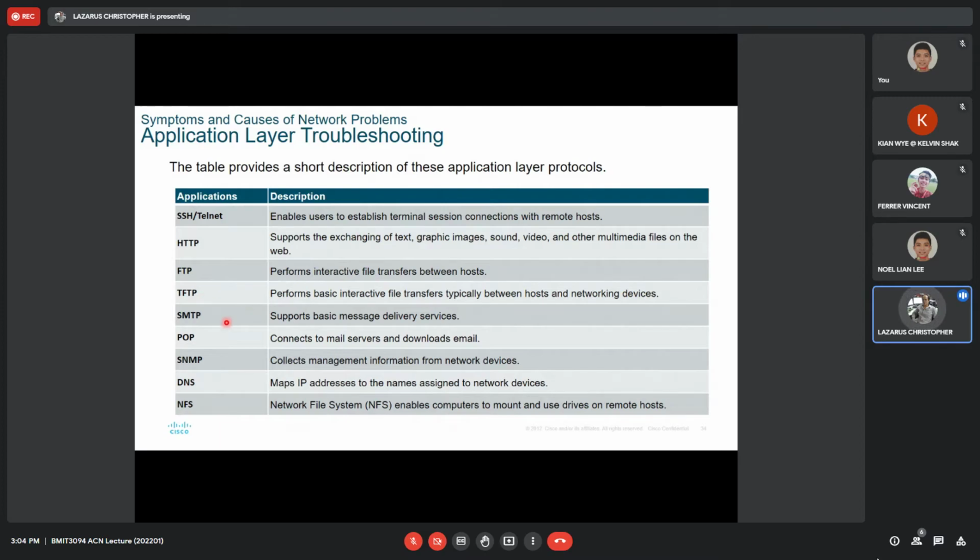SMTP is for sending email messages from your email client to your email server. So you need to know the specific port, and whether the server has an entry for your particular email user. POP, post office protocol, is for retrieving email from your inbox down to your email client. SNMP is the simple network management protocol.